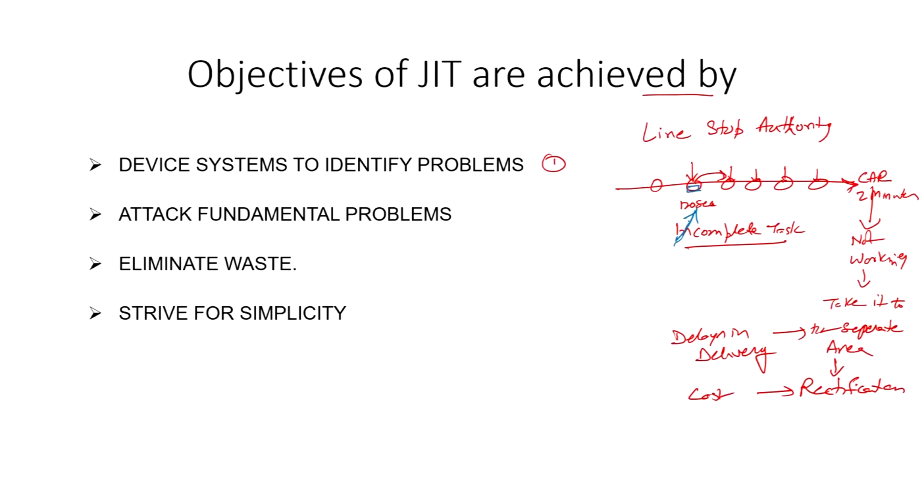And secondly, then the diagnosis will start: why is this person not able to complete it in 120 seconds? There may be a problem with the tool, a problem with the material coming from the previous workstation, or some other issue related to his jigs and fixtures, or maybe his training. So, that problem is going to be solved, and subsequently this issue will not arise.